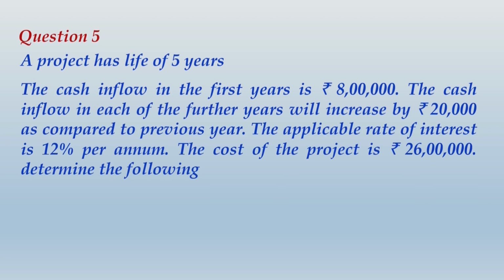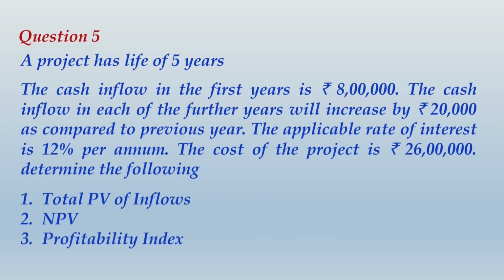So every year cash flow will go on increasing by 20,000 as compared to what it was in the previous year. The applicable rate of interest is 12% per annum. The cost of the project is rupees 26 lakhs. Determine the following: total PV of inflows, NPV and profitability index.